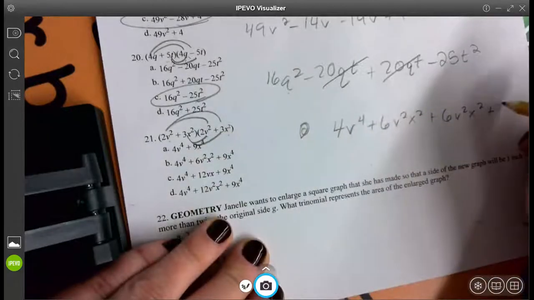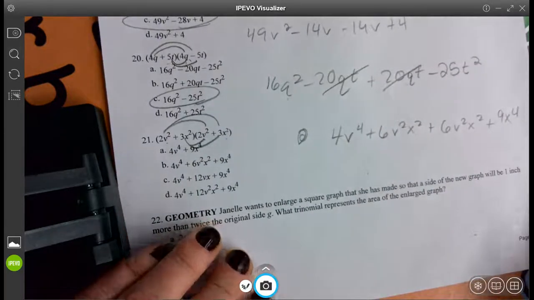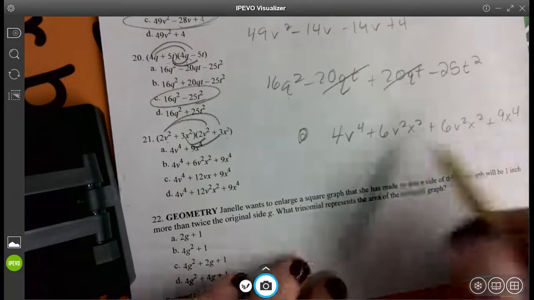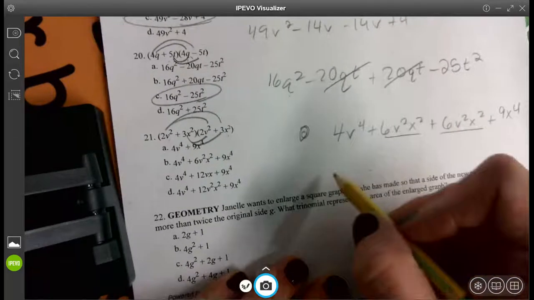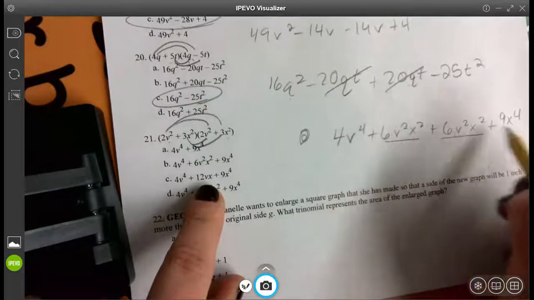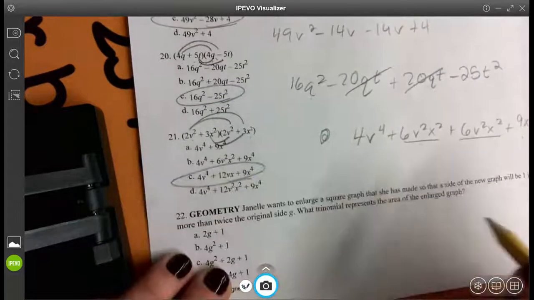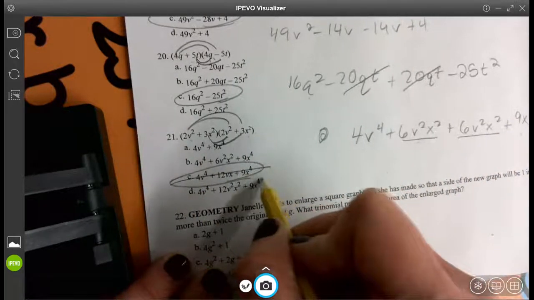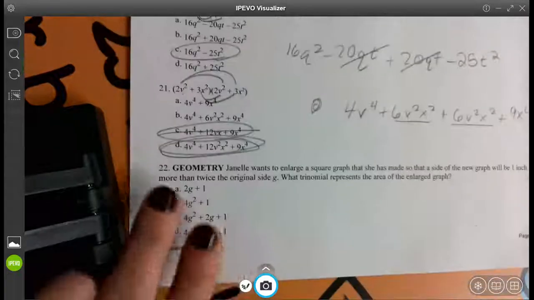And lastly, 9x to the fourth. That's it. These can go together since they're the same. So v to the fourth, 12, and 9. Oh, but it's not this one. I circled the wrong one because what did I forget? The squareds. It's D. Okay.